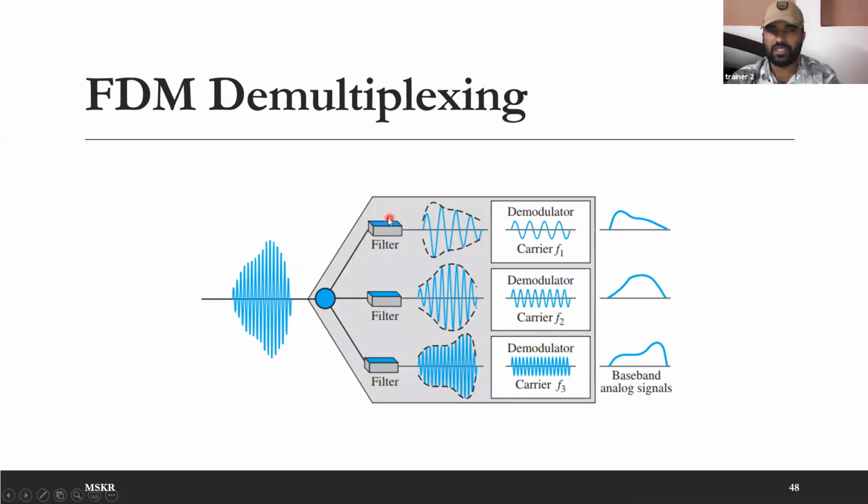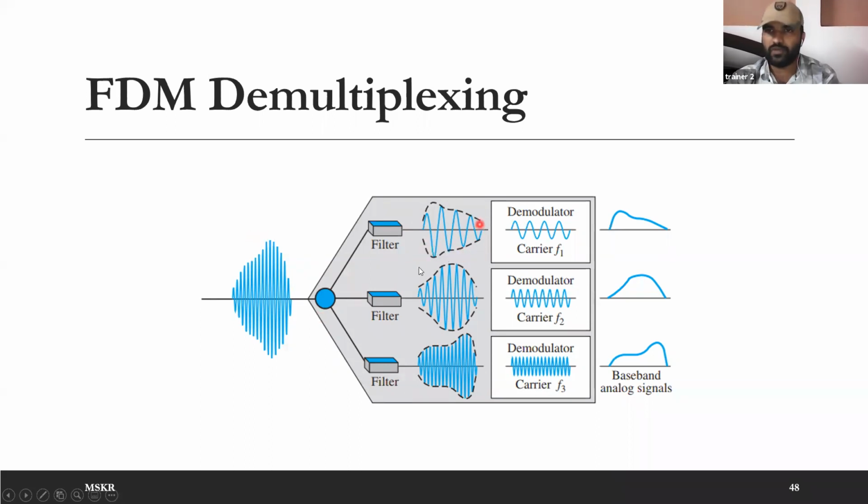To tune that, you are using something called a tuner, in normal terms, but in electronic terms, you can say the tuner is nothing but a filter which will filter out all the remaining frequencies. When you tune to 93.5, you are keeping your filter at 93.5 so that all the other frequencies will be removed. So from this composite signal, you will only get this signal.